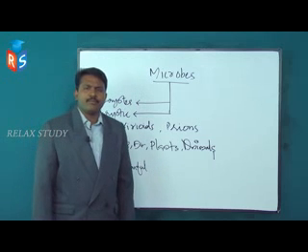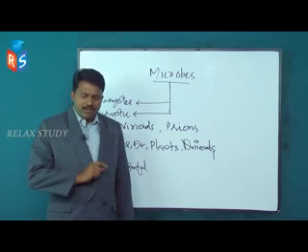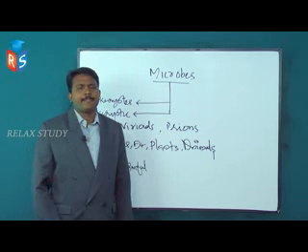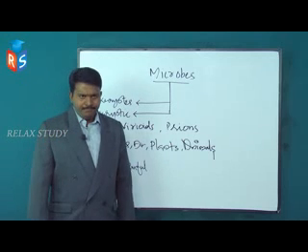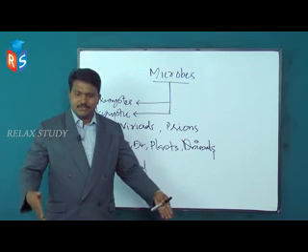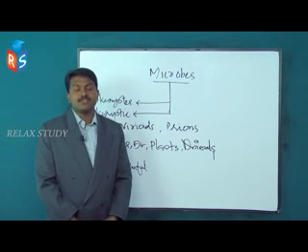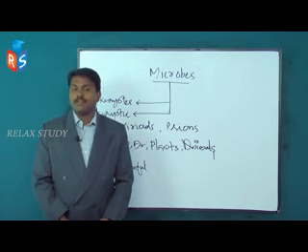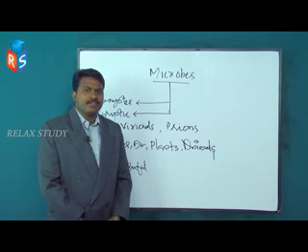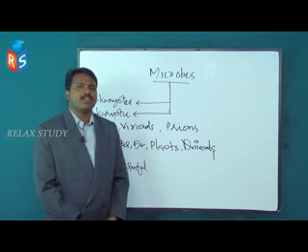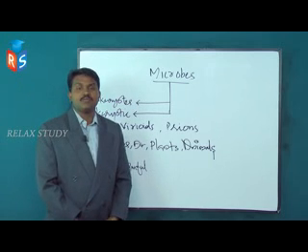Where do we see microbes? Microbes are there in every field of life. Microbes are there in the atmosphere, the air. They are there in the water. They are there in the soil. Wherever we go, there is the presence of microbes, one way or another. And viruses have a universal, cosmopolitan appearance.